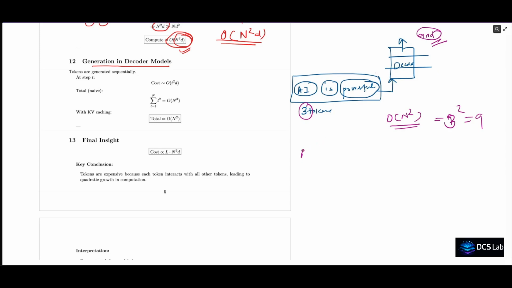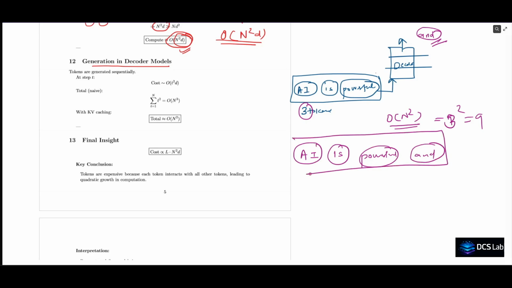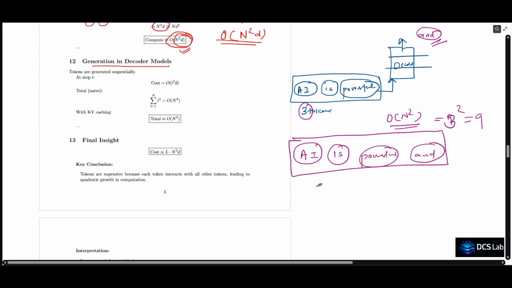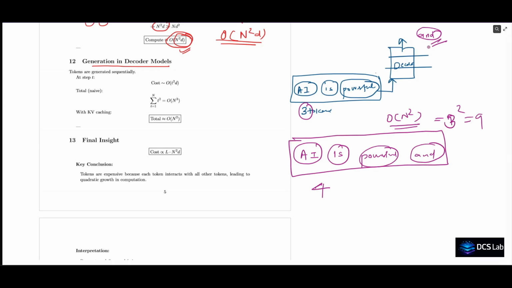So your query becomes "AI is powerful and". You already had three tokens, you generated one, and now the size of your input becomes 4. Because you generate one token at a time, and for the next prediction you need to take that into account. So initially I had "AI is powerful," 3 tokens.